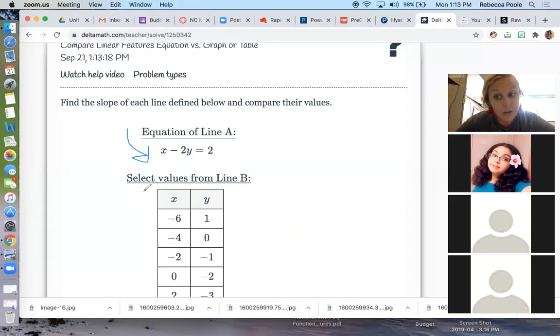Miss Poole even writes this on paper. If my overhead was working, y'all would see that I even worked this one out. And I'm a very smart lady. I've been teaching math for a long time. So if I'm showing work, what does that tell you you need to do?